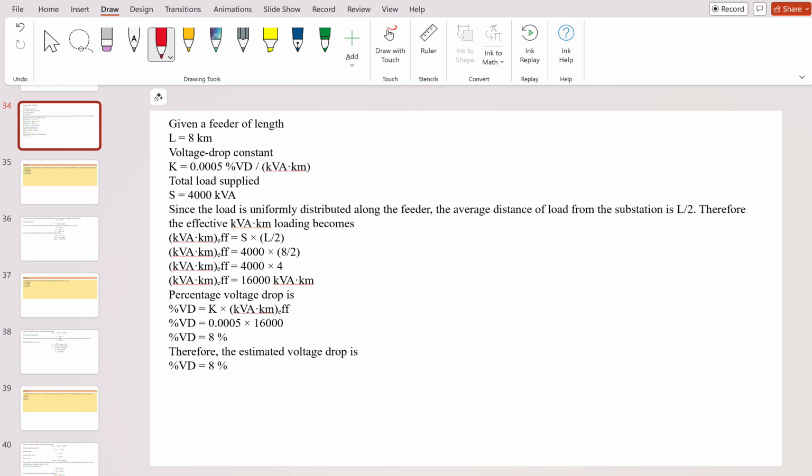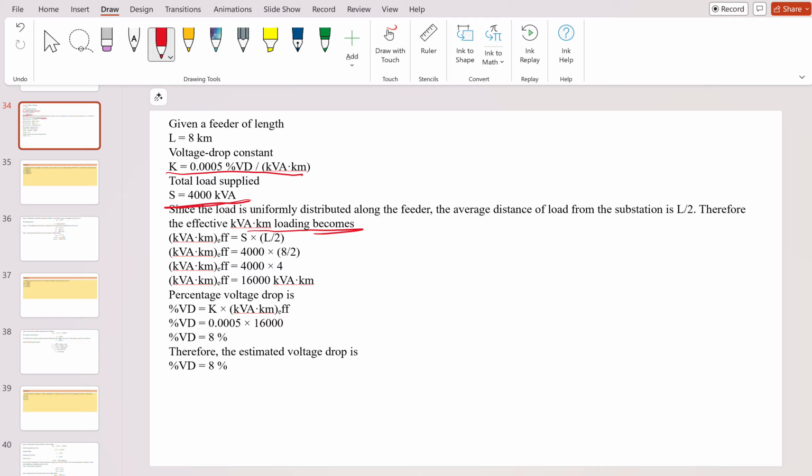So the percentage VD formula, you just have to remember that when you have the kVA kilometer loading, the K factor is already given, that is 0.0005% VD per kVA kilometer, and the total load is already given, 4000 kVA.